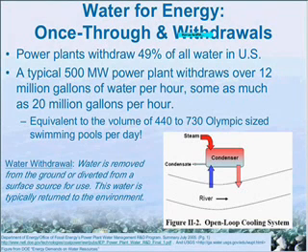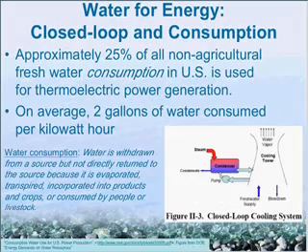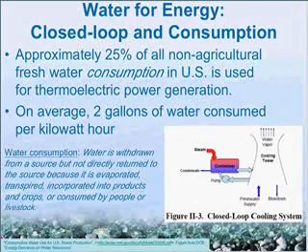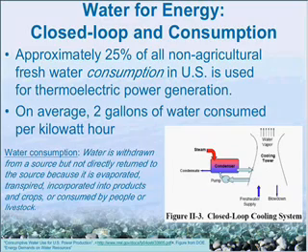Now, the next type of cooling system is called a closed-loop or circulating wet system, and this is associated with water consumption. Water consumption is water that's withdrawn, but not directly returned to the source, either because it is evaporated, transpired, incorporated into products or crops, or consumed by people or livestock.